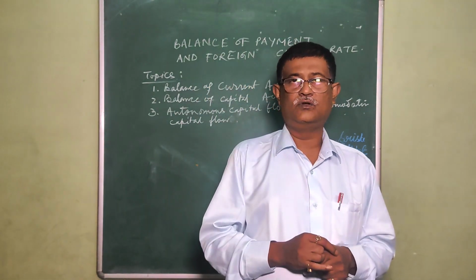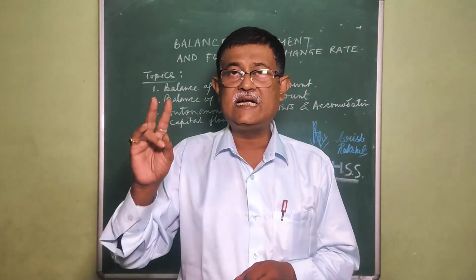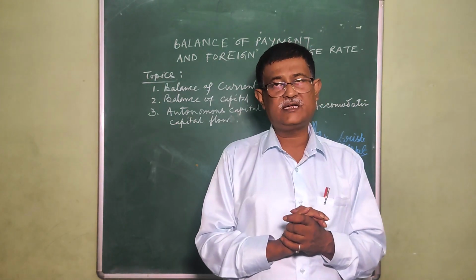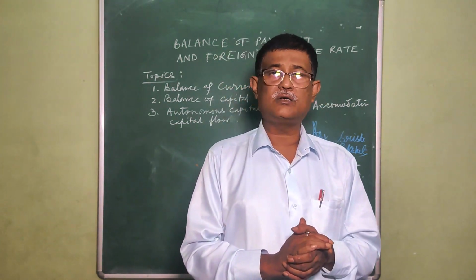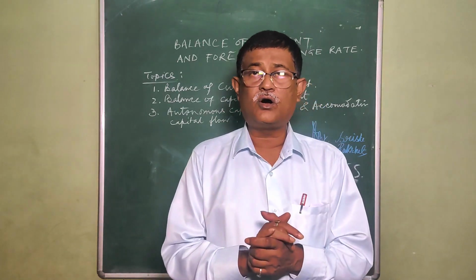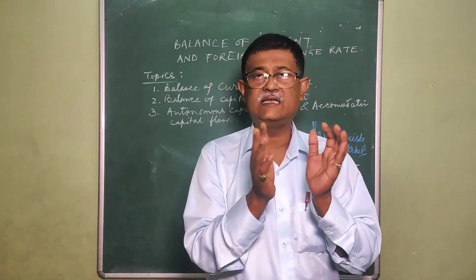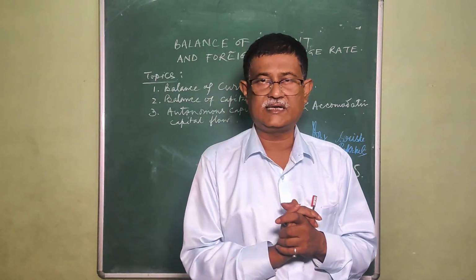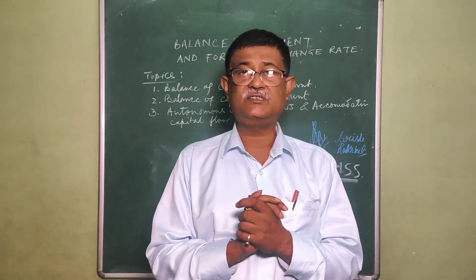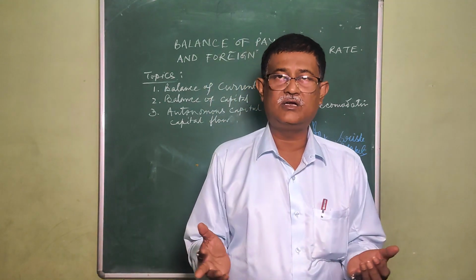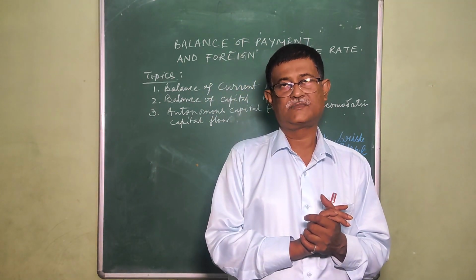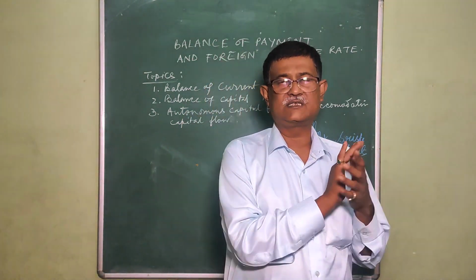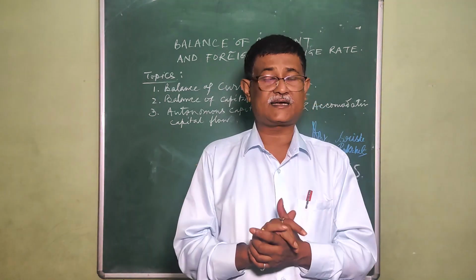It is when the value of domestic currency relative to the currencies of other countries reduces in the foreign exchange market because of changes in demand and supply of foreign exchange under a flexible exchange rate system. It is called depreciation.